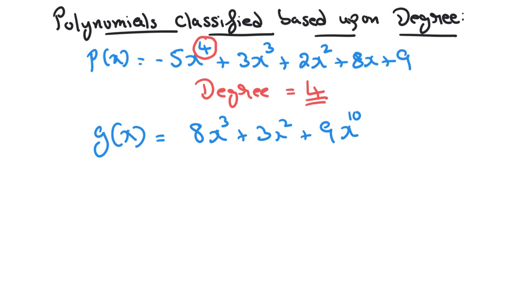Ask yourself the question, what is the highest power of the variable? The highest power of the variable is 10. So the degree of the polynomial is 10. The best way to become a self-learner is to ask questions to yourself and then get on the journey of discovering the answers.